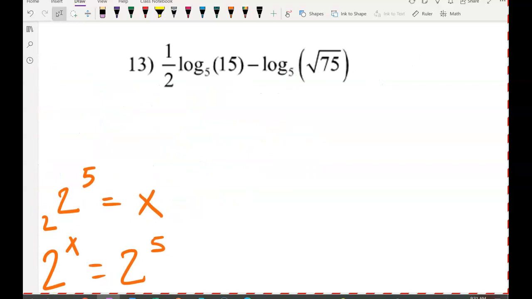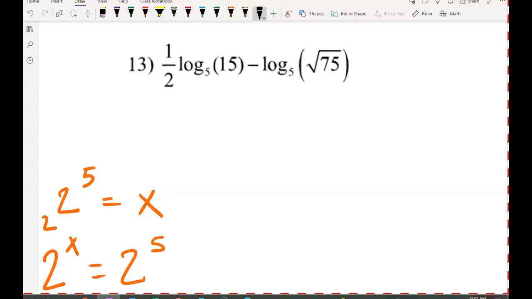All right, half times log base 5 of 15 minus log base 5 of square root of 75. Okay, we have a half. Now what do we do? We cannot write it as 1 log unless we get rid of that coefficient in there.